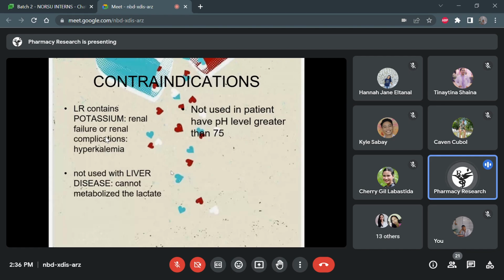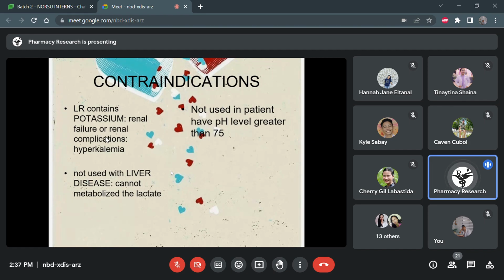So, contraindicated man na sa hyperkalemia pod. And also, dili pod pwede ang plain LR or pwede siya but balantayan lang gid gamiton with patient with liver disease. Why? Because ang lactate ma-metabolize siya sa liver. So how can ma-metabolize ang lactate if naa liver disease ang patient? So, dili gid siya pwede.